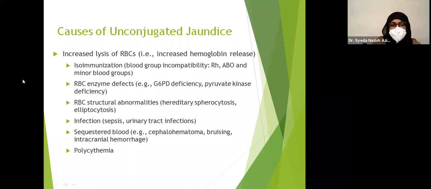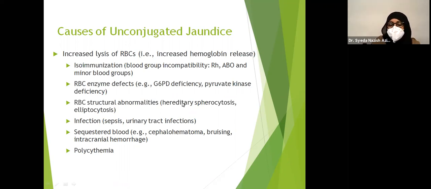The non-immune cause of lysis of RBCs can be due to inborn enzyme defects of the RBCs. It can be either G6PD deficiency, which is a relatively common entity, or other enzyme deficiencies like pyruvate kinase deficiency.